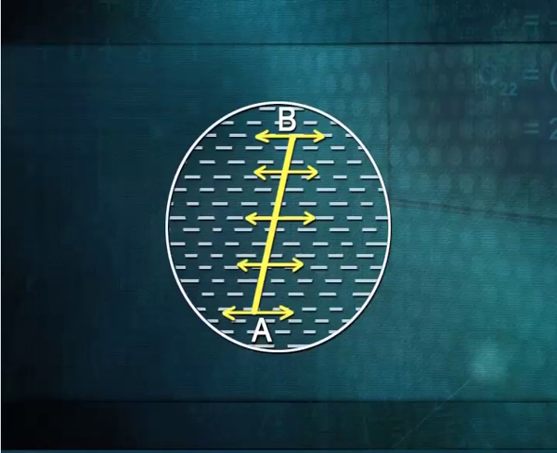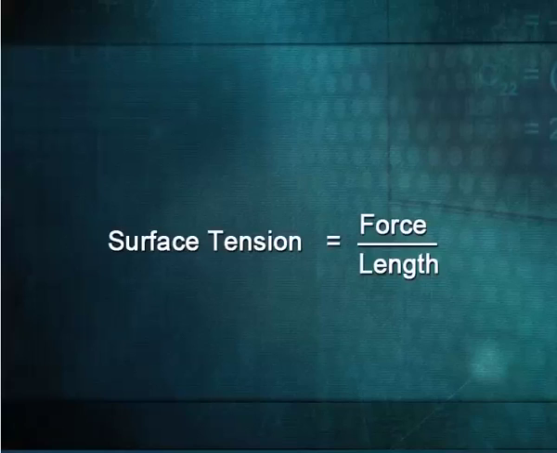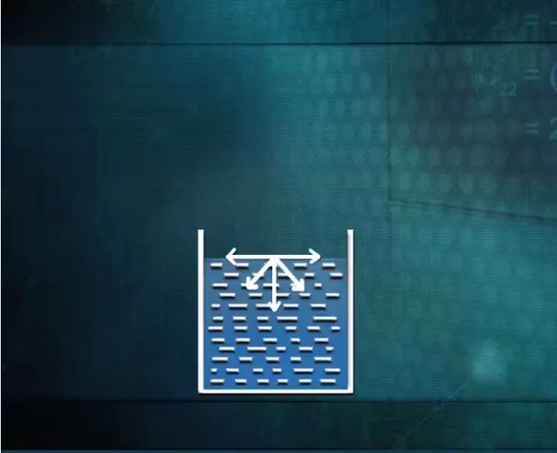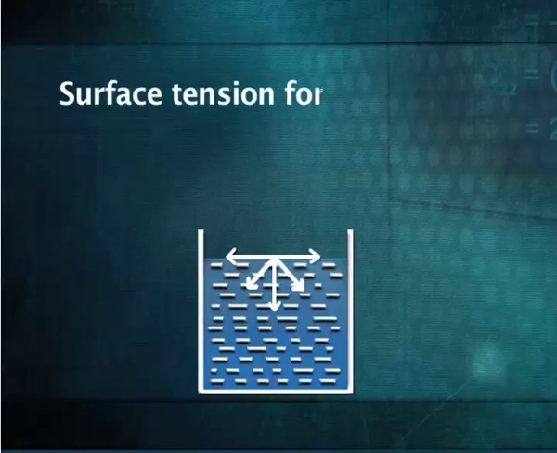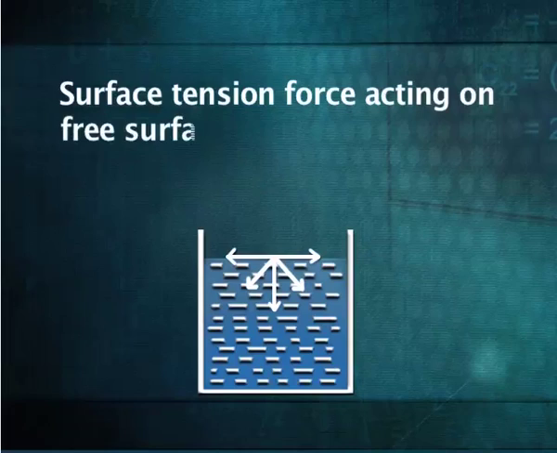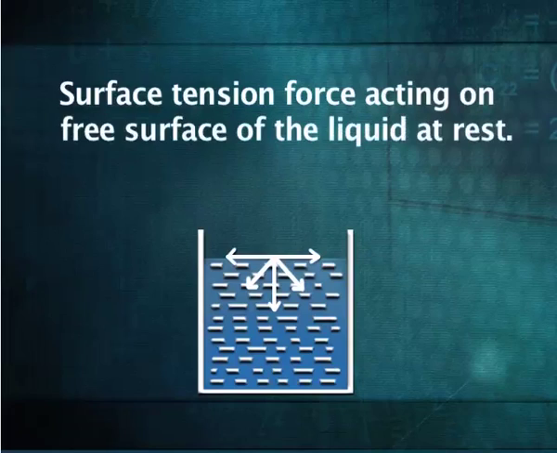So these lines are imaginary lines as shown in the figure. So we can say that surface tension is equal to force upon length. Surface tension is a kind of force which is acting upon per unit length. As shown in the figure, surface tension force acting on free surface of the liquid at rest.